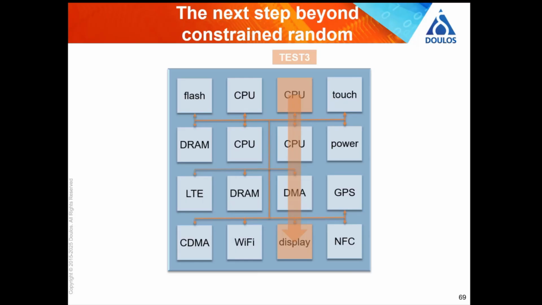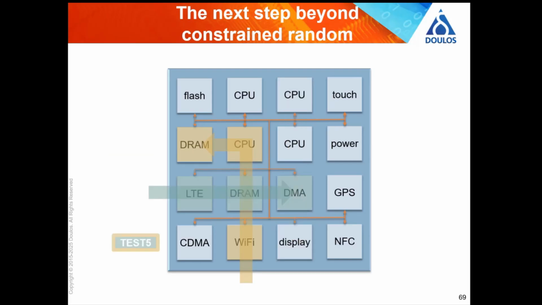And then you might think, oh, better make sure that we can do two of these at once. So can we take information from the Wi-Fi and write to the display at the same time? Can we take information over the 4G modem and write to the Wi-Fi at the same time? We might need a test to see, can we do all three at once? Key point here is that we've now written 6 tests. Those tests are probably random.